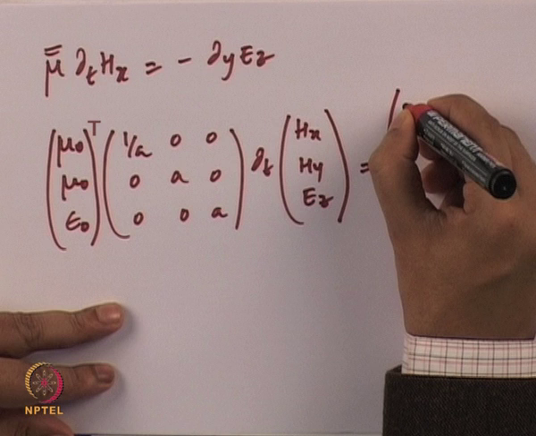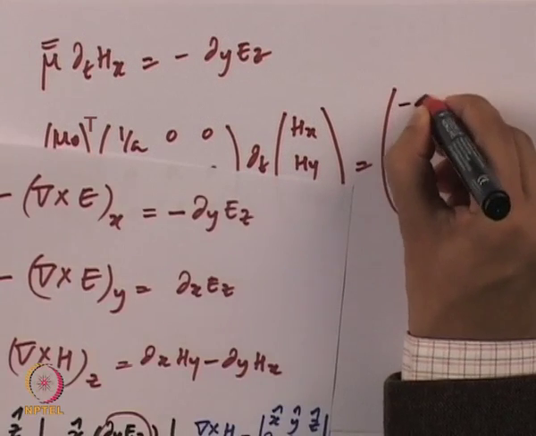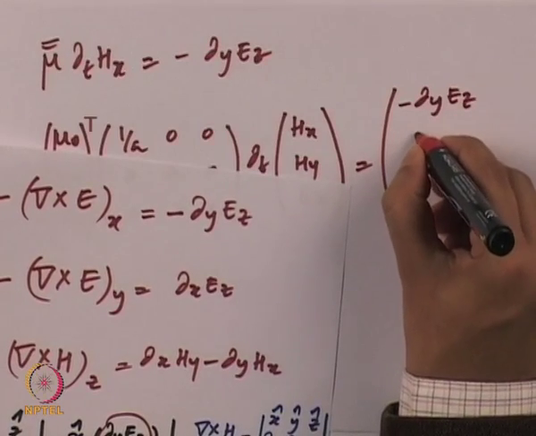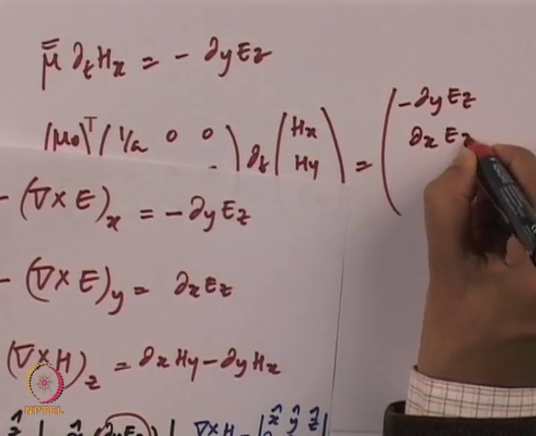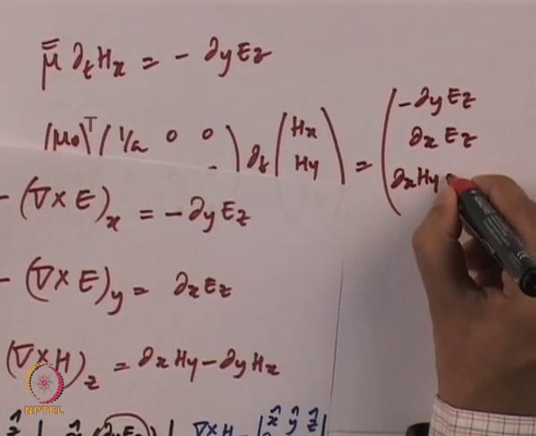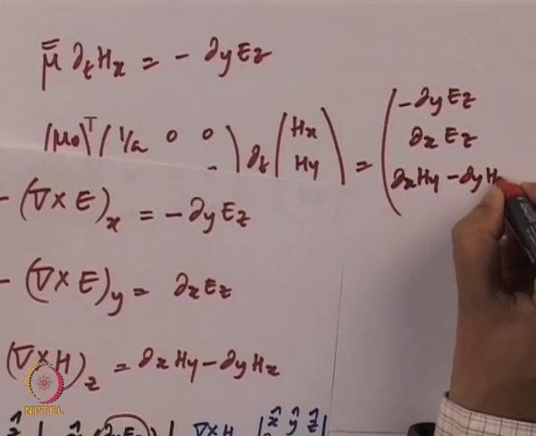So the first term is going to be equal to minus dy Ez, the second term is going to be dx Ez, the third term is going to be dx Hy minus dy Hx.